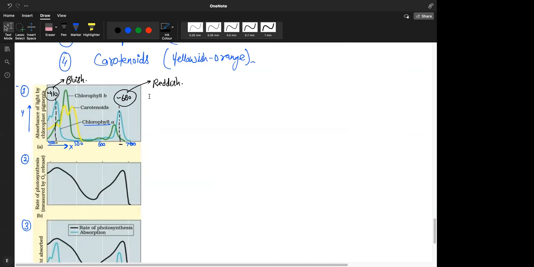Chlorophyll B absorbs the maximum light at around 460 nanometers. Let's say, okay. So this is around 460, which is still what light? Bluish light only? Slightly moving towards green now, but predominantly it's bluish. And does chlorophyll B also have a second peak?